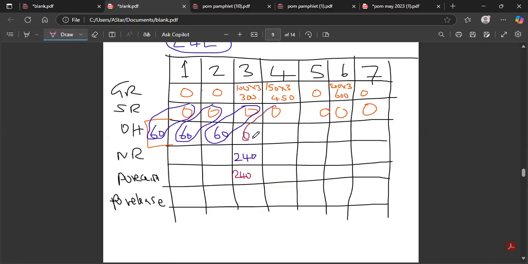Then 0 plus 0 to meet 450. What happens there? We will need the same requirement to meet the demand. So it will be 450. Yes, thank you very much now that people are following.